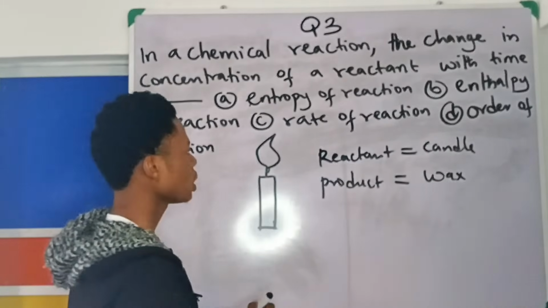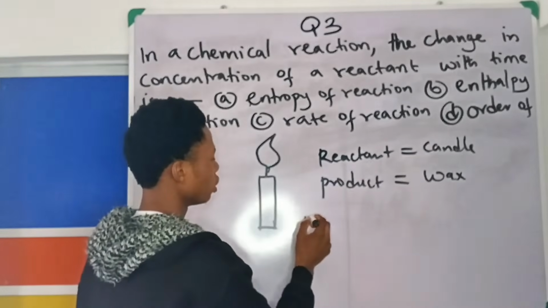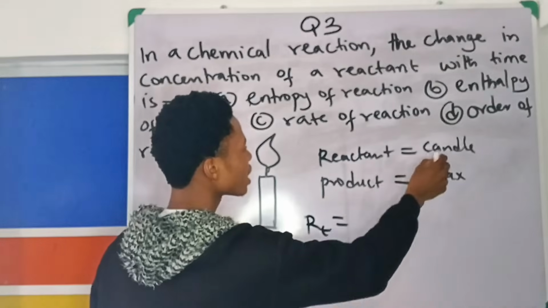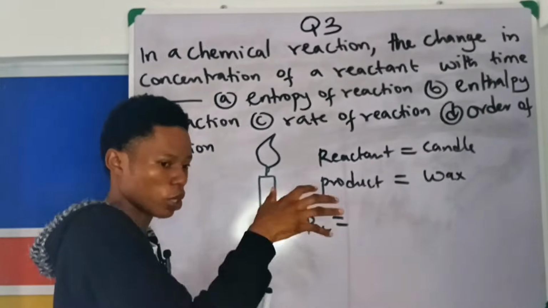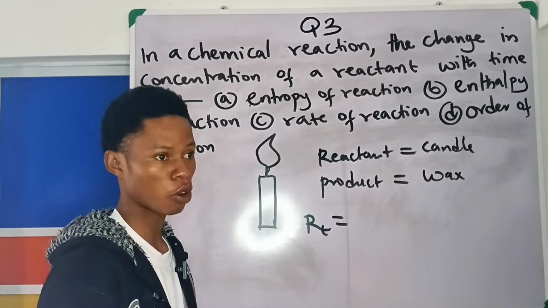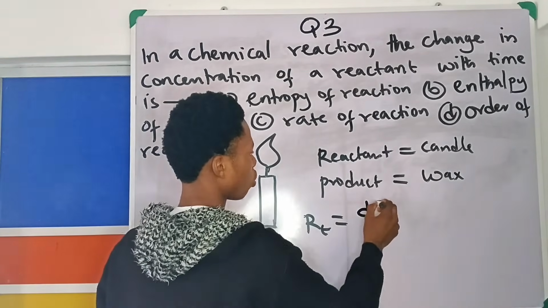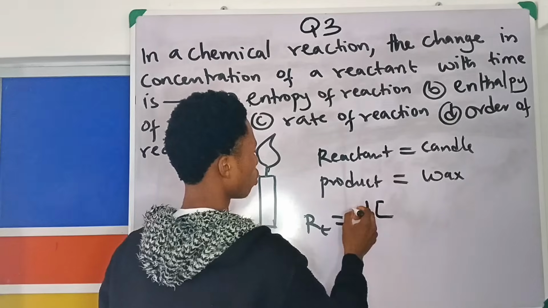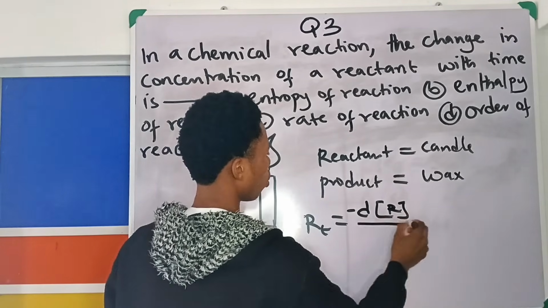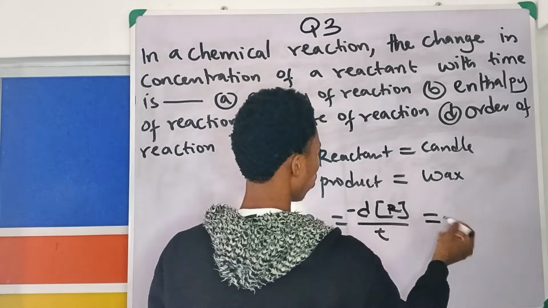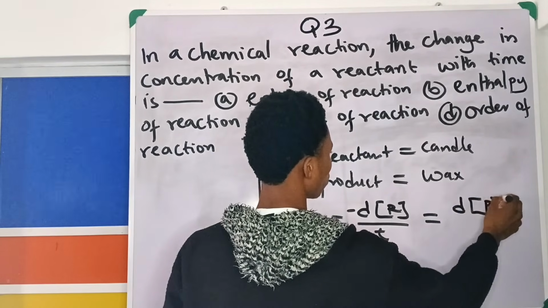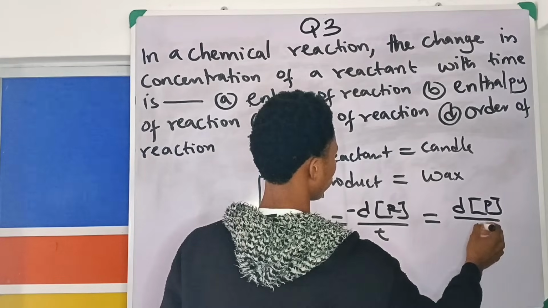Now, if you look at this, the rate of this reaction, how fast the reaction is proceeding, can be seen as the rate at which the candle is reducing, or the rate at which the product is forming. So the rate is the change in concentration of the reactants over time, or the change in concentration of the products over time.